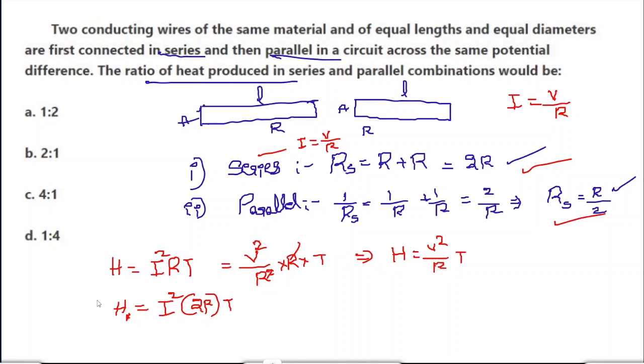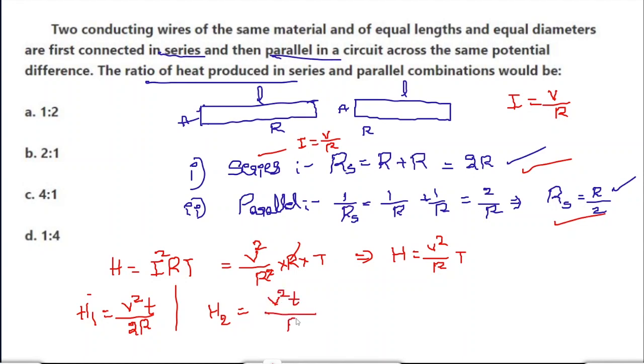So in the first case, H1 is equal to V square, what is R? It is 2R, into T. And H2, in parallel, is V square into T, what is R here? R by 2, right? Then we have to find the ratio of heat produced in series, which is H1 by H2.